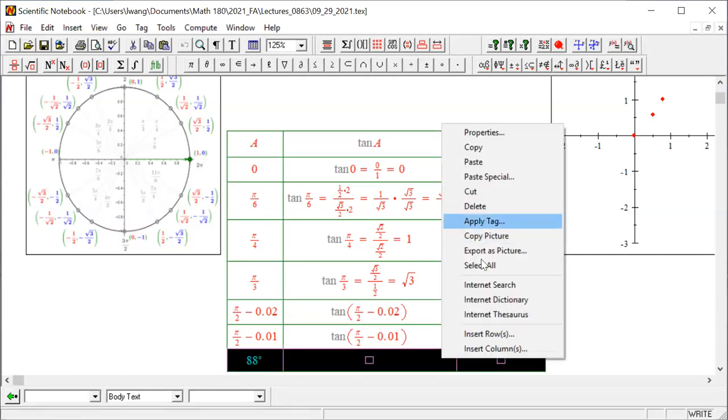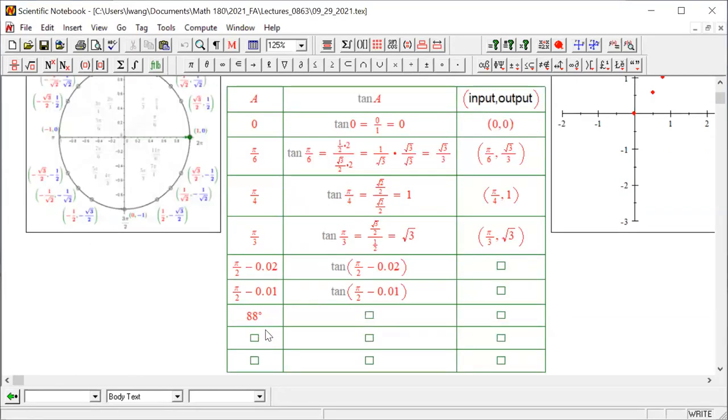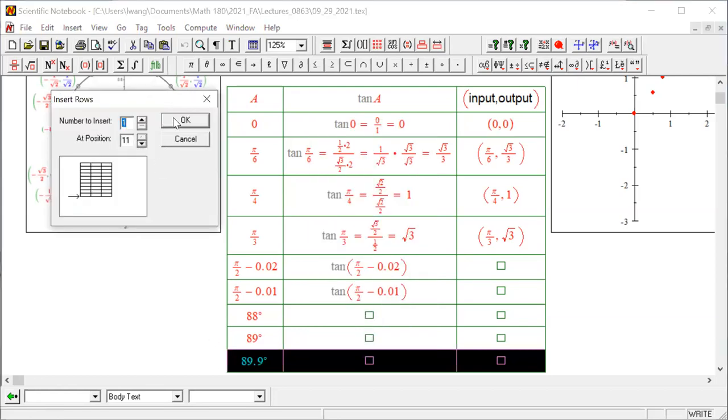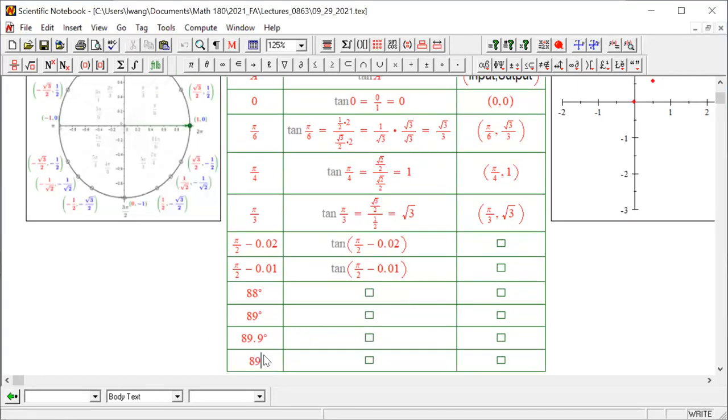89 degrees. Okay. 89.9 degrees. These are getting closer to what?